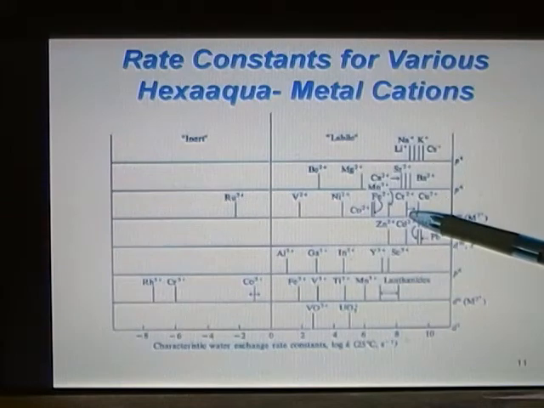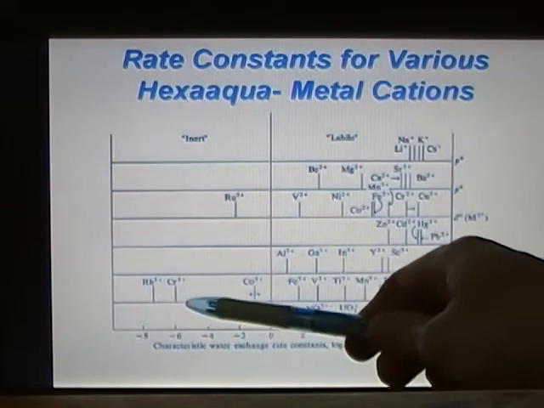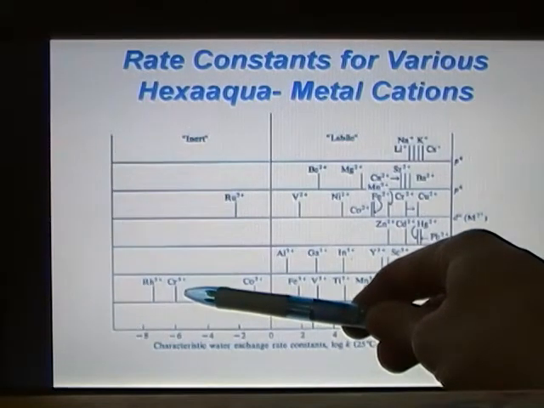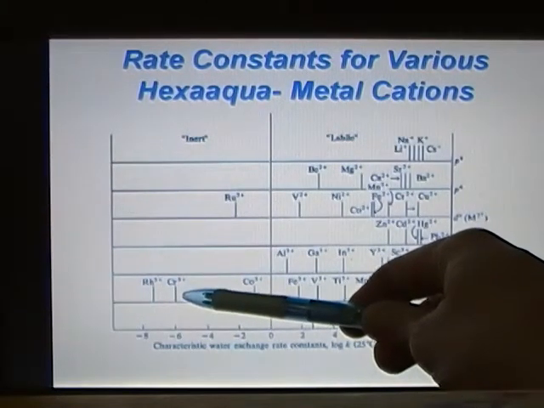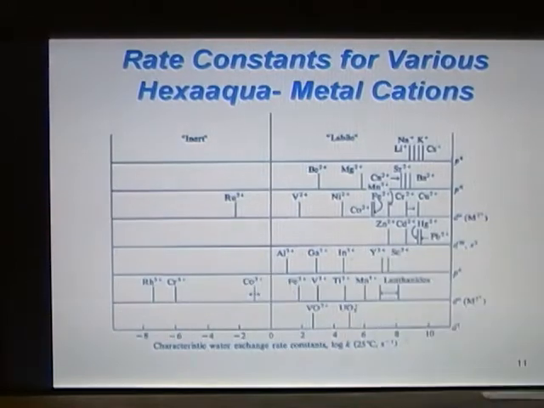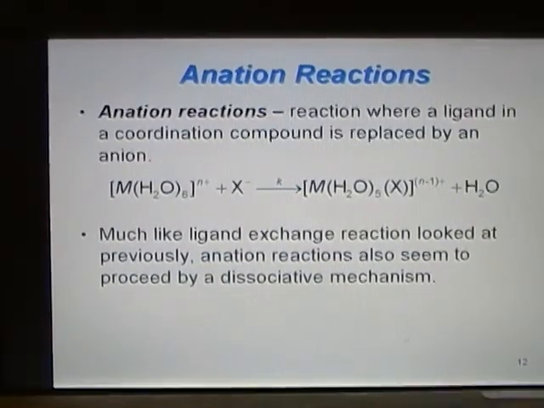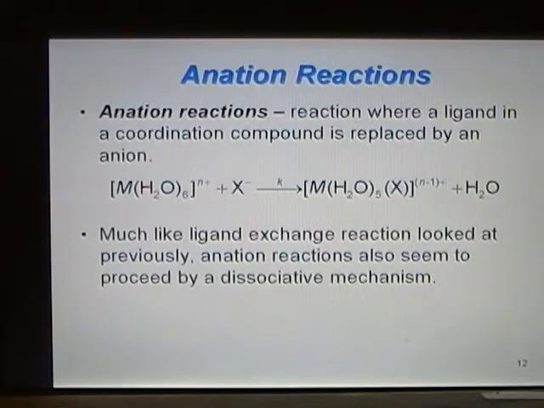Cr2+ has a log of the rate constant equal to about 9, but Cr3+ is clearly inert, with a log of its rate constant being about -6. So that data supports that substitution reactions occur by a dissociative mechanism.